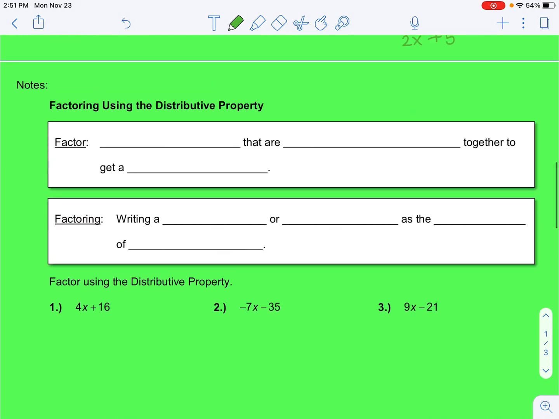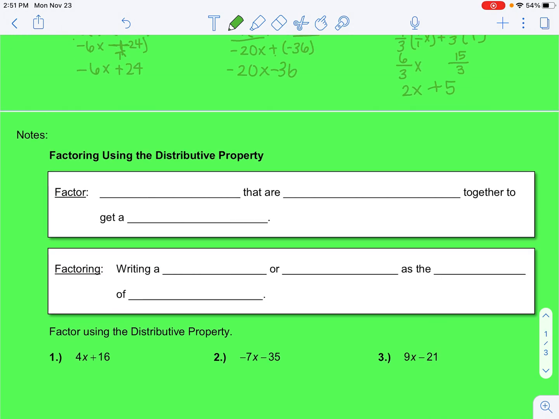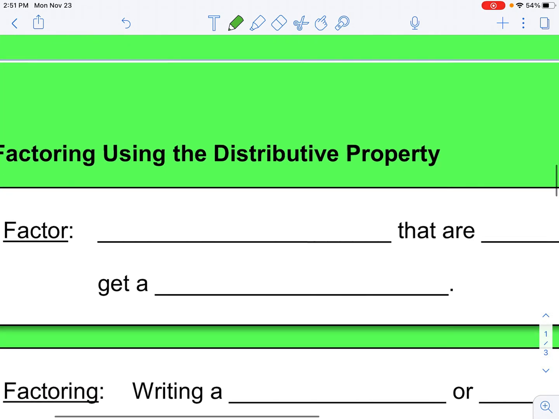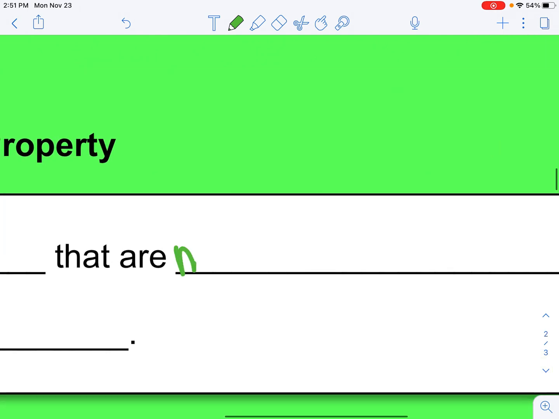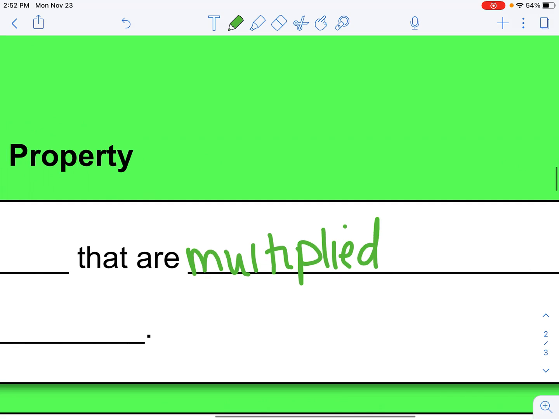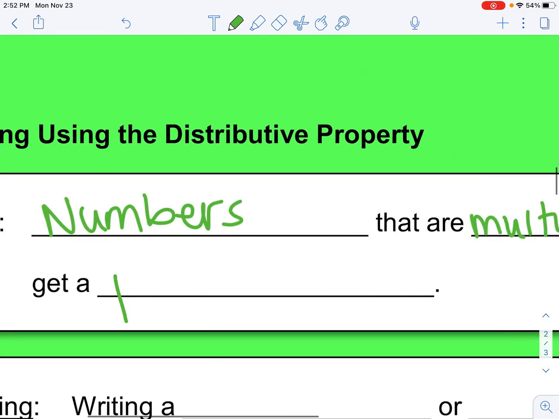Alright, we are just about done. We have 2 more definitions to fill out. A factor are numbers that are multiplied together to get a product.